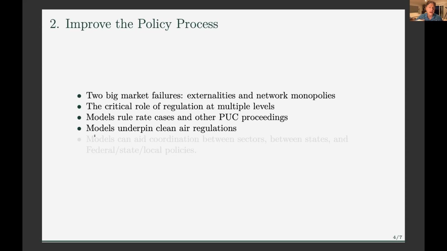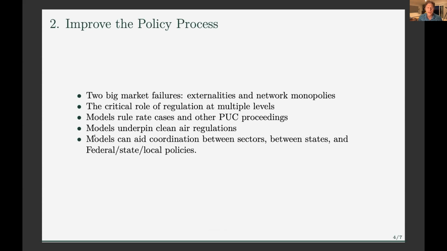It underpins clean air regulations. EPA has their models, and you need coordination between all these different levels of governance. Unless there's some kind of common understanding of what the trade-offs are, you're not going to get effective policy. And I don't think we're there yet. I think we're pretty far from that.